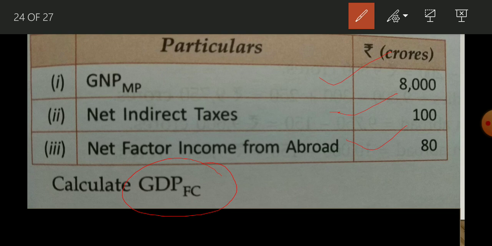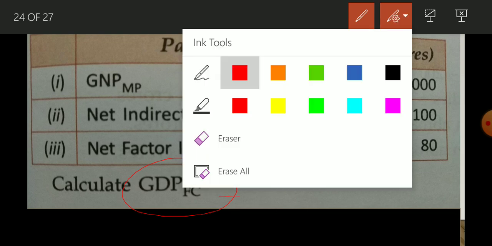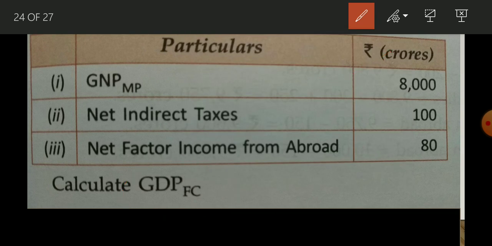GNP MP is given, GDP FC you have to calculate. So first of all we have to generate the equation. So GDP FC you have to calculate. Write it on the left side of the equal sign, and what is given you will write on the right side. Okay, so GNP MP.